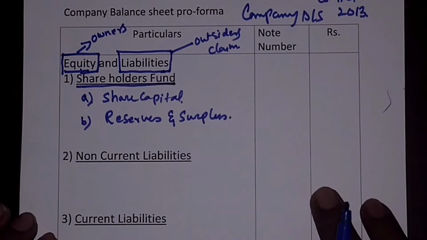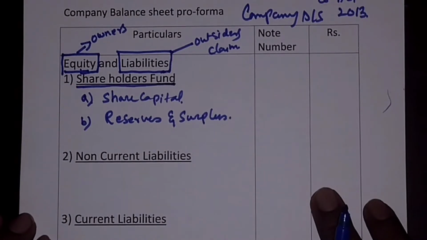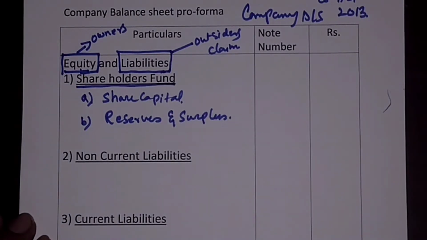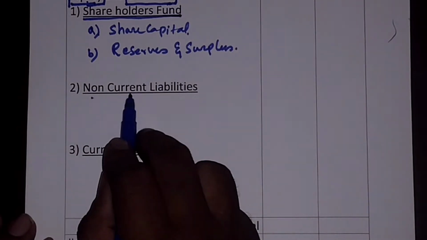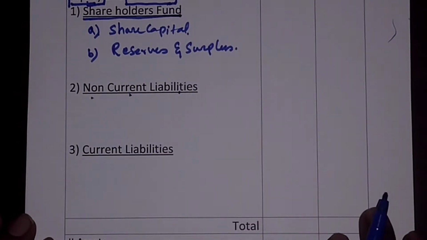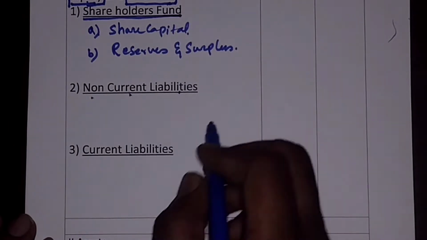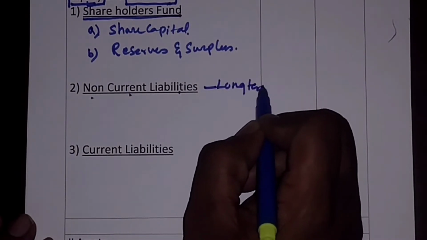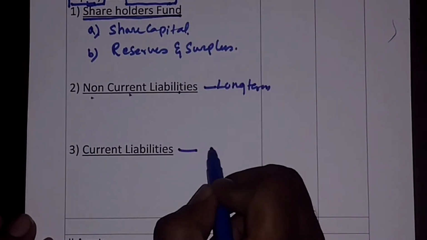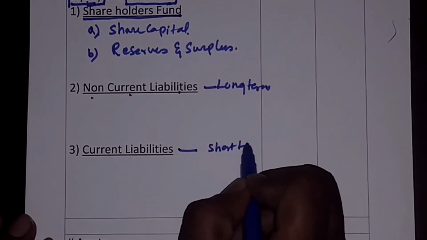Even some other entries are there which I am avoiding, because problems rarely give them. So I am giving only the recurring entries, which are asked frequently. Next one is non-current liabilities. Non-current means long term, and current liabilities means short term.